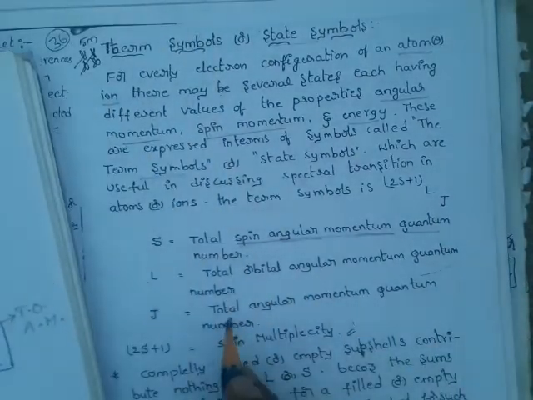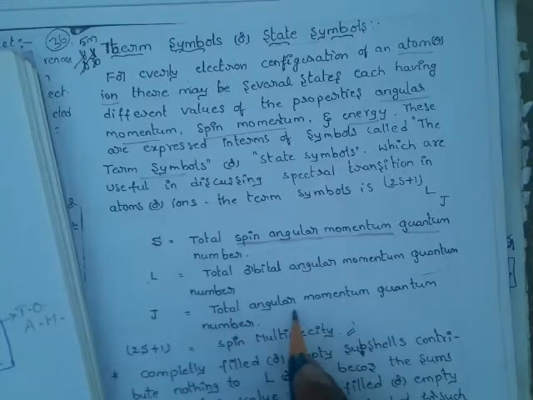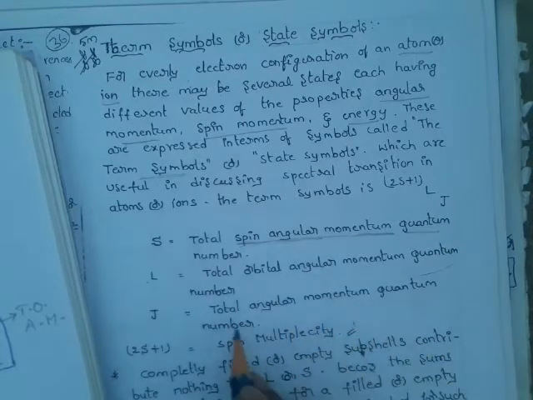Next, the remaining one, J. J is the total angular momentum quantum number.